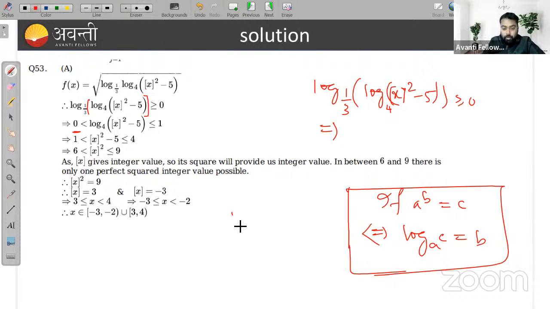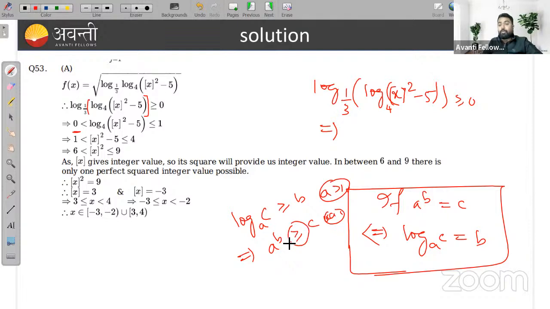Here you have, reverse wise, log of c to the base a is greater than or equal to b. Then what will happen? It will be a raised to b greater than or equal to c. Clear? If a is greater than 1, but if a lies between 0 and 1, then the sign of the inequality will be changed.